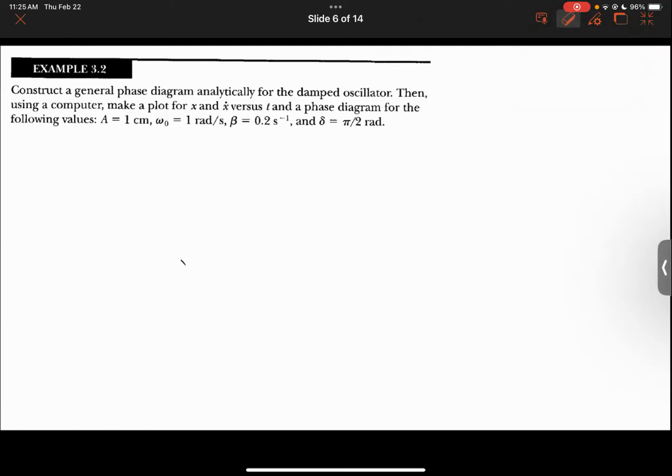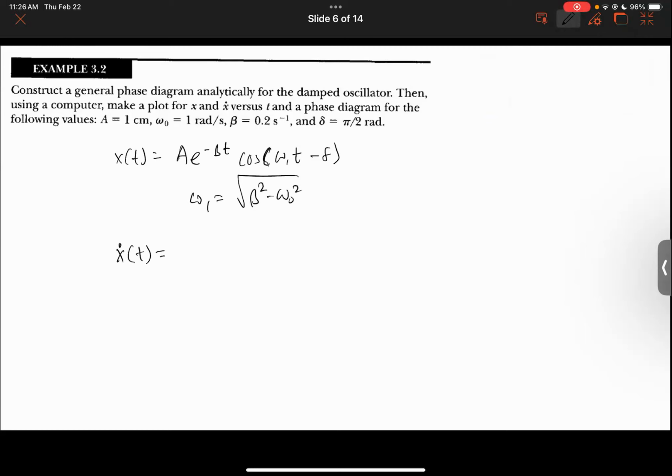We already know the position x. We wrote it to be A exponential minus beta t times cosine omega 1 t minus delta. Remember that omega 1 is just the square root of beta squared minus omega naught squared. Now, if we take the derivative of the position, we get the velocity.